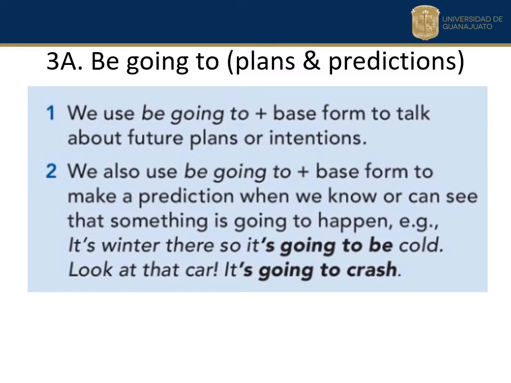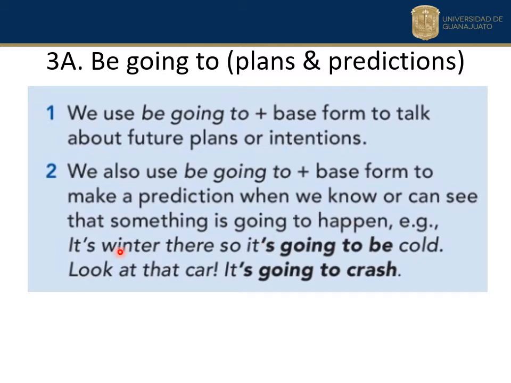Okay, so now we're going to see the grammar bank, and here we have be going to plus the base form of the verb. We use it to talk about future plans or intentions, okay? We also use be going to and the base form to make a prediction when we know or can see that something is going to happen.